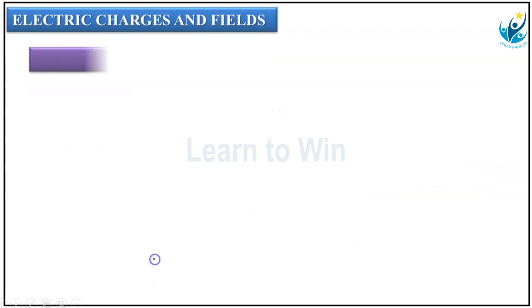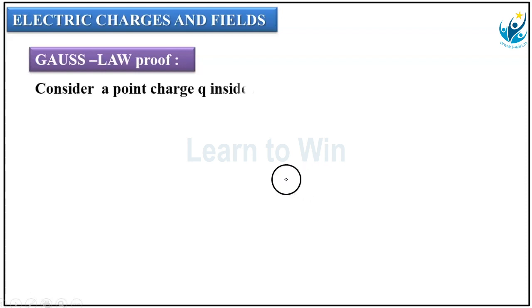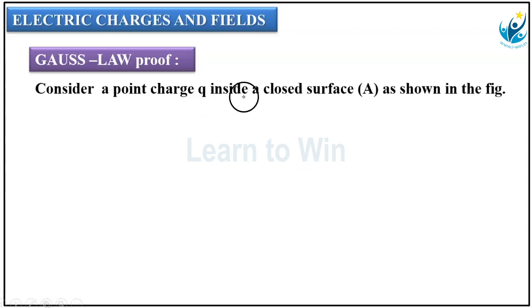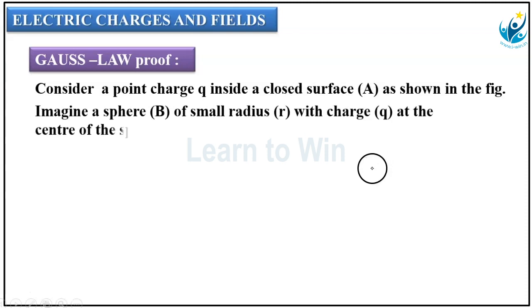Now, the proof of Gauss law. To prove this Gauss law, let us consider a point charge Q inside a closed surface as shown in the figure. Imagine a sphere B of small radius r with charge Q at the center of the sphere.